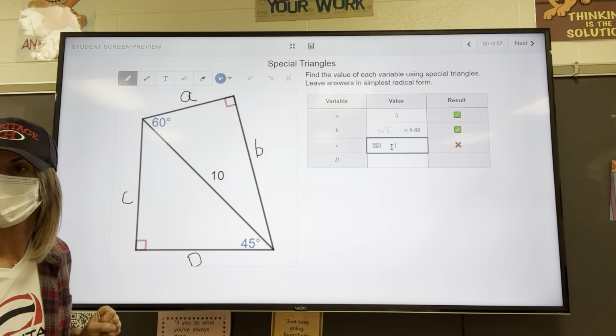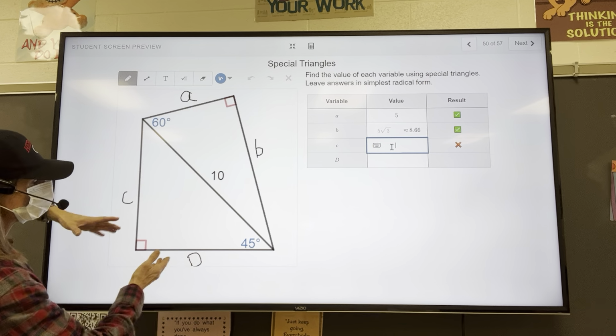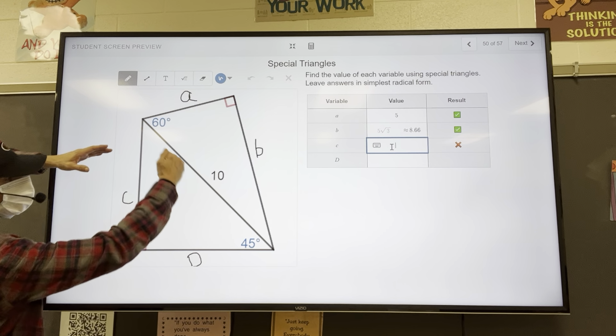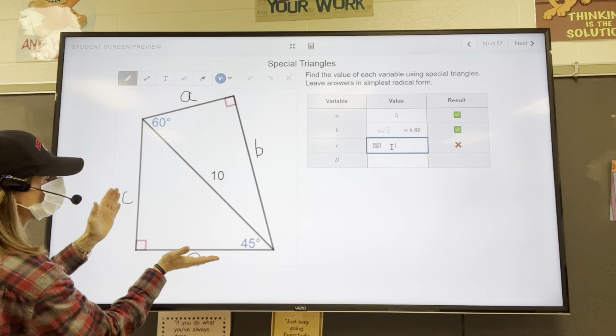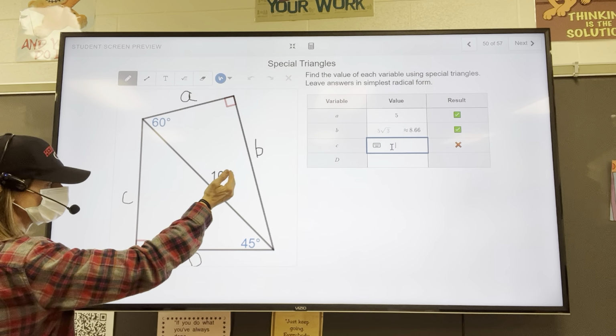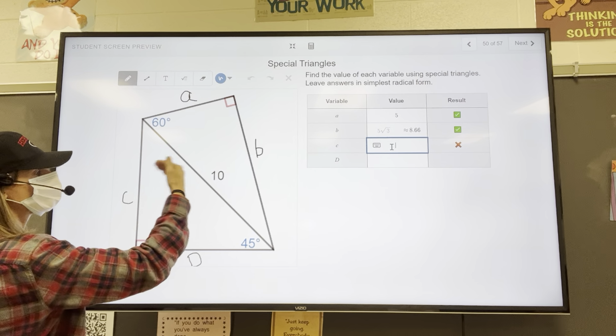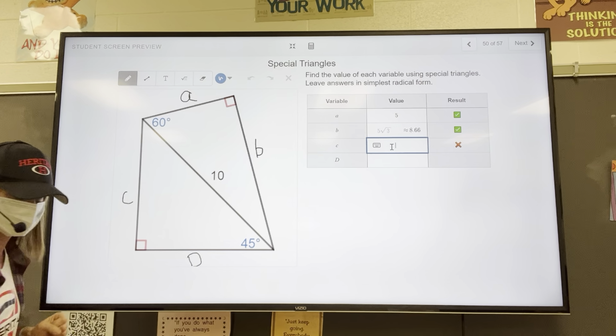How are we doing? Okay, the last two, this is the 45, 45, 90 triangle. We know the length of the hypotenuse is 10. The relationship between the lengths of the legs, which are the same here, and the hypotenuse is times the square root of 2. So to go from the hypotenuse to the length of the legs, we have to divide by the square root of 2.